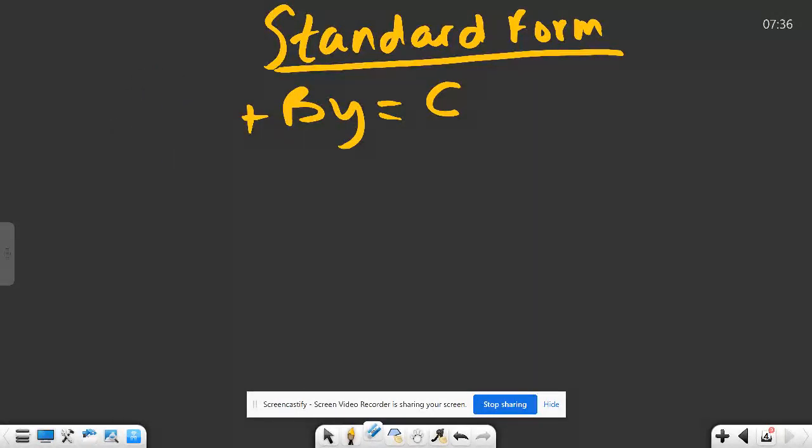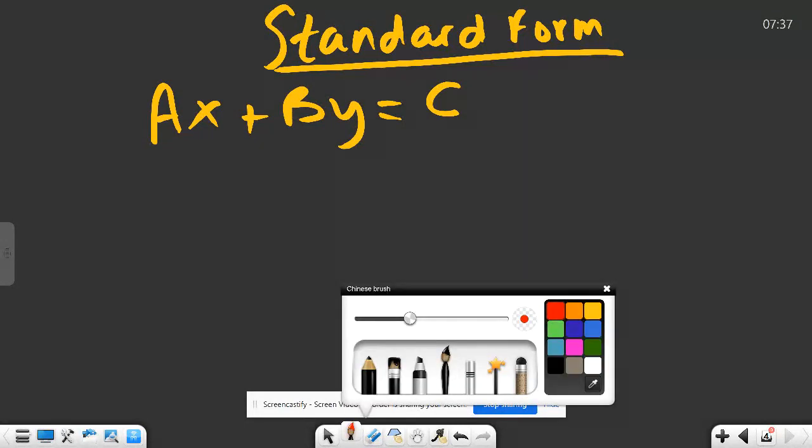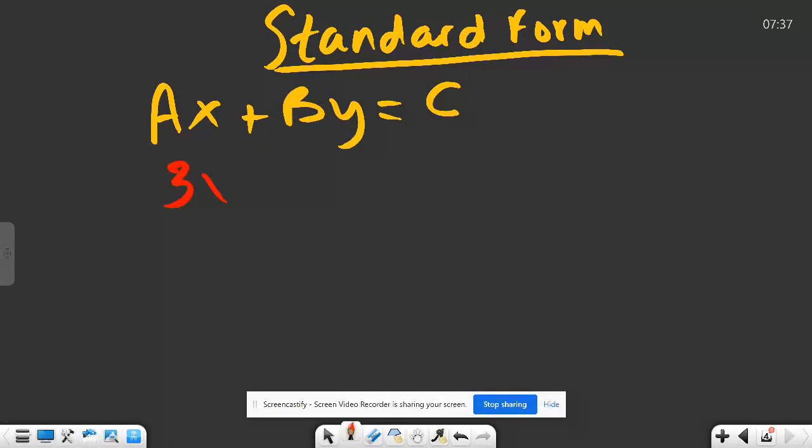So in order for us to find the slope, and in order for us to graph it into decimals, we're going to have to take a couple of steps. For example, let's say you have this equation, 3x minus 6y equals 27.